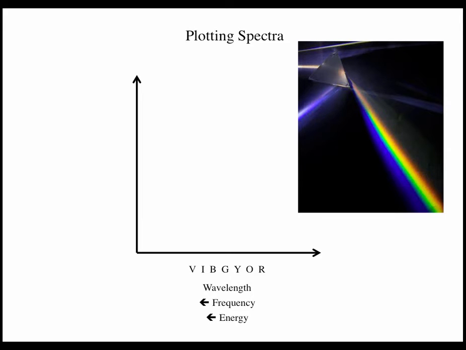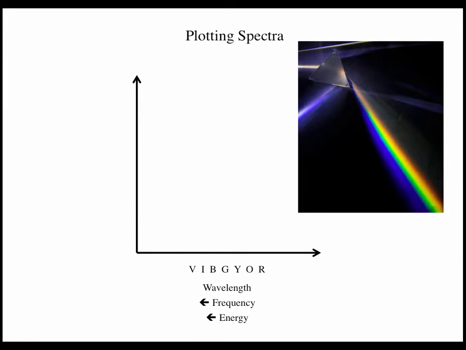That's okay. Another related term we could plot would be energy, because we know that violet light is more energetic than red light. And just like the frequency, here we would have high energies on the left, low energies on the right. Any one of these four things would be a valid quantity to plot in a spectrum.